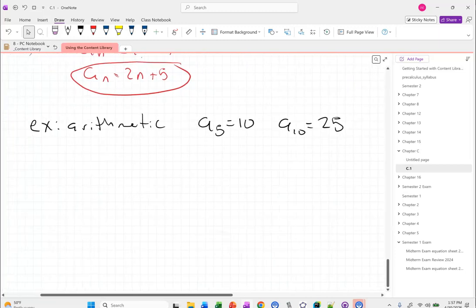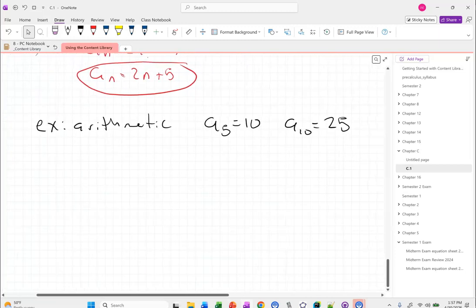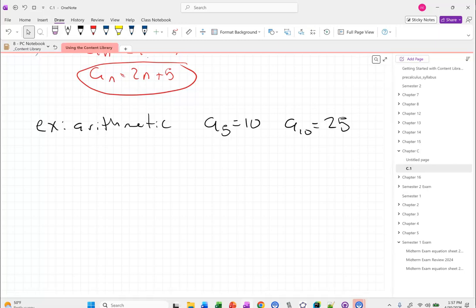Okay, what if you're given a problem like this, where you're just given the 5th term and the 10th term? Now you're told it's an arithmetic sequence, and you have to be given that. If you weren't given that, then this problem is not possible. So what am I going to do? Well, I'm going to remember that this is basically the same thing as an equation for a line, right?